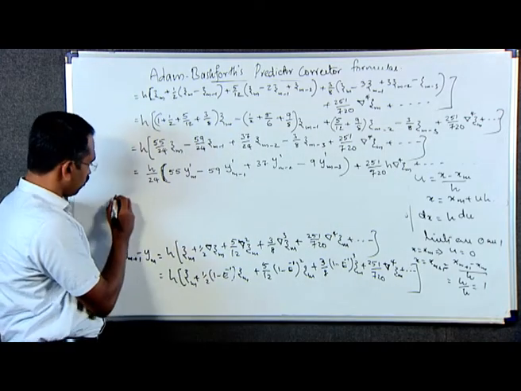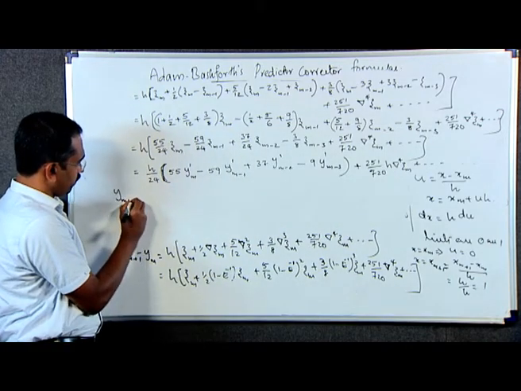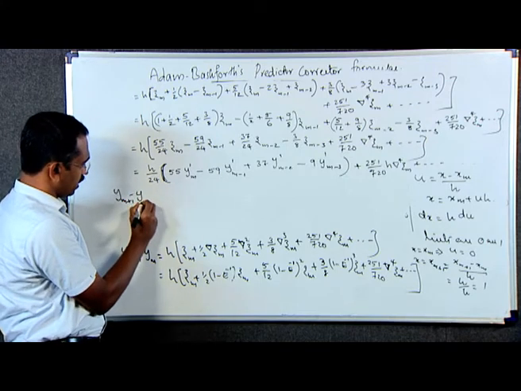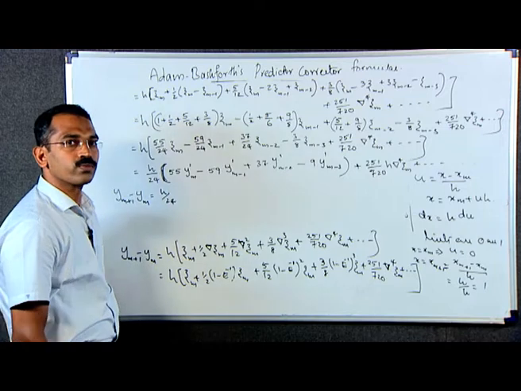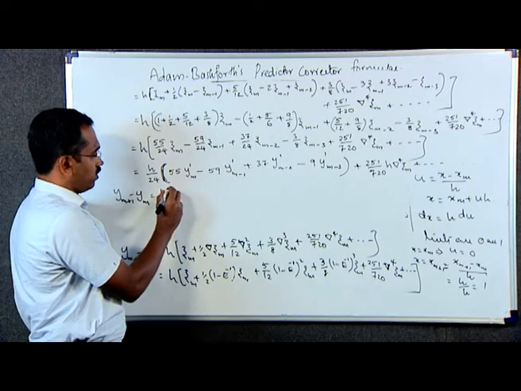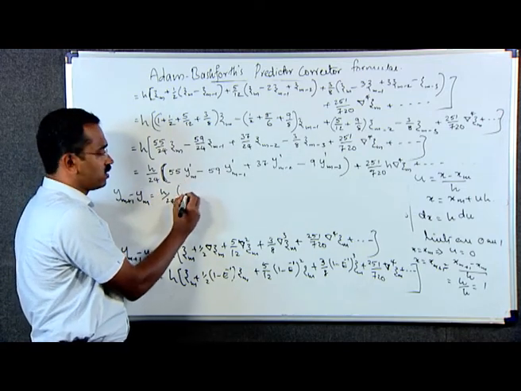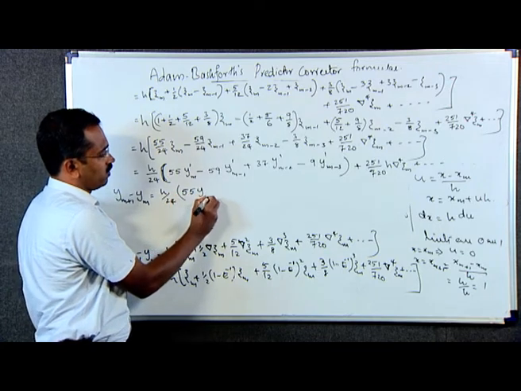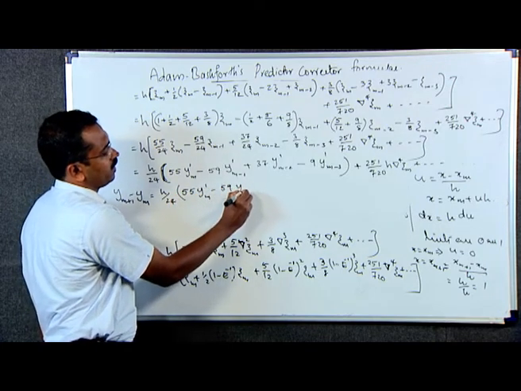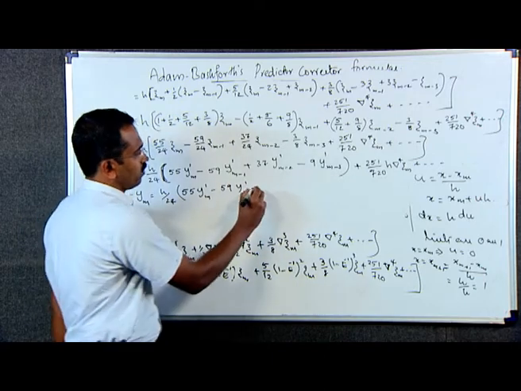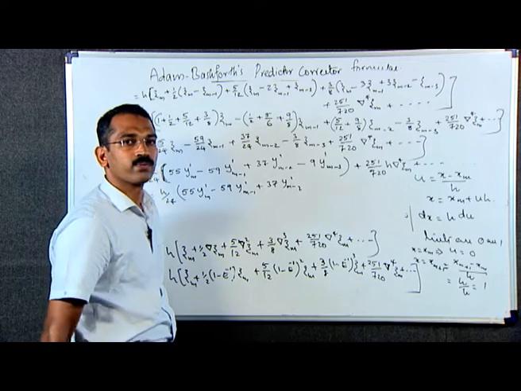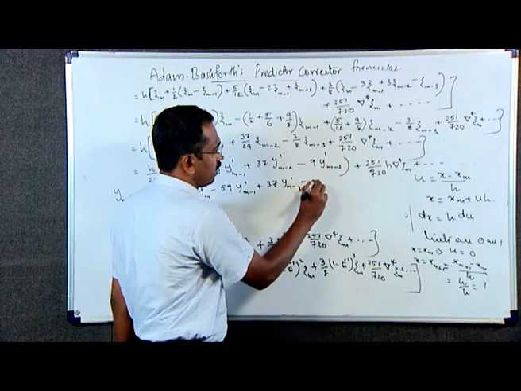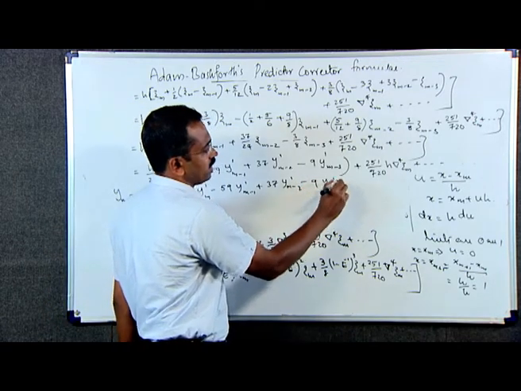Therefore, we can write Ym plus 1 minus Ym as h by 24 into 55 Ym dash minus 59 Ym minus 1 dash plus 37 Ym minus 2 dash minus 9 Ym minus 3 dash.